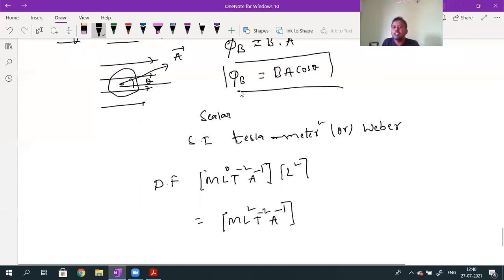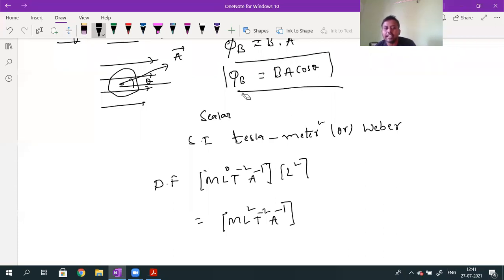The units are Tesla meter square, which is called Weber. And that is the dimensional formula for magnetic flux. When it is positive, negative, or zero, you know all those conditions. You should just know the definition of magnetic flux.